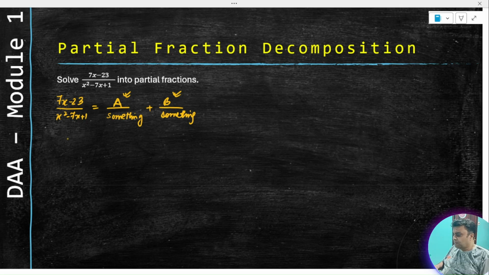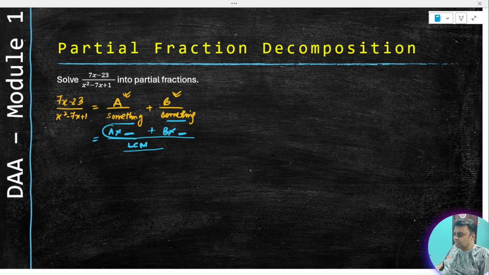Now, first of all, I hope you can understand that this particular right hand side means that if I have to solve this, I would be writing something like this. I would be writing, let's say, the LCM of the denominators, and then a will be multiplied by something to do the LCM justification, and b will be multiplied by something.